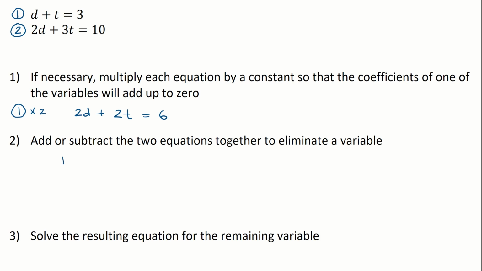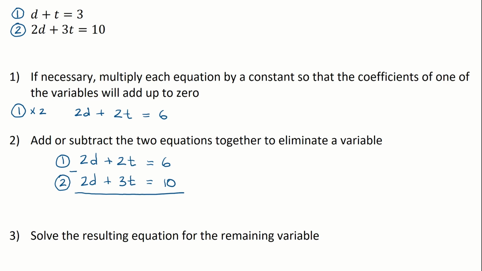So if I rewrite equation 1 here, which is 2d plus 2t is equal to 6, and then I write equation 2 under it, which is 2d plus 3t is equal to 10, I can now subtract these two equations and get rid of my d's.